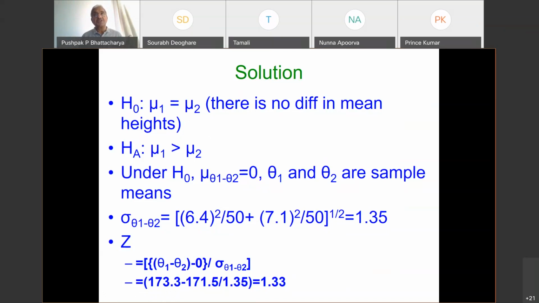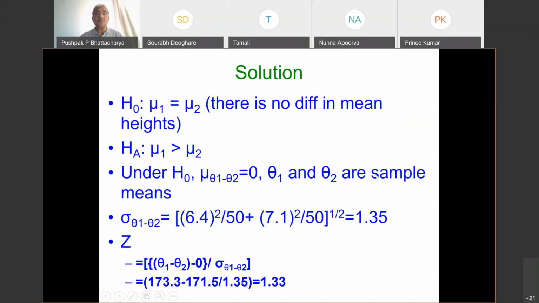So x1 bar will vary from sample to sample for male athletes. And similarly, x2 bar will also vary from sample to sample for non-athlete males. So theta1 will vary from sample to sample, and theta2 will also vary from sample to sample.